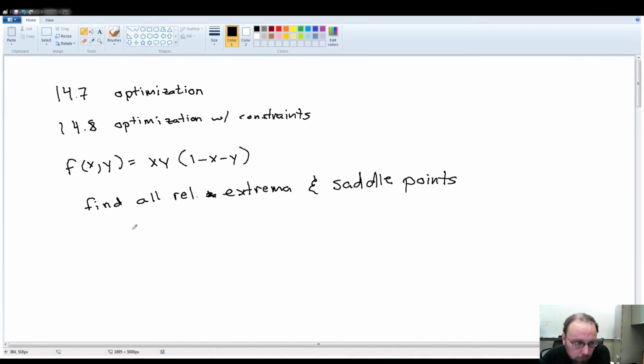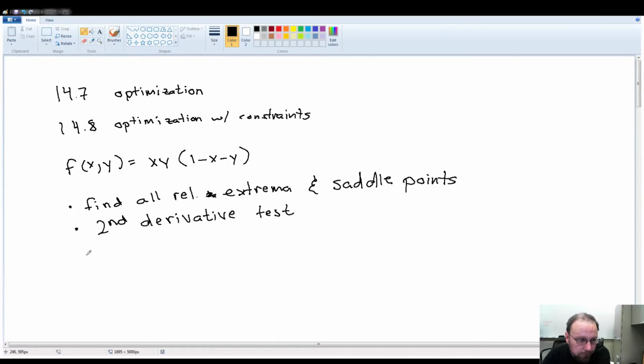And then after we find the critical points, right? We'll then use the second derivative test to classify what happens at those critical points, if possible. So let me outline the procedure for this optimization problem.